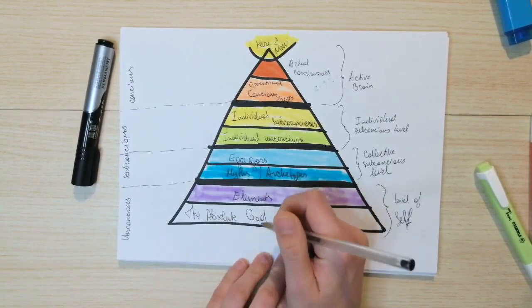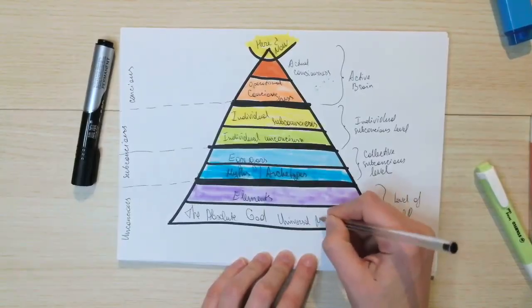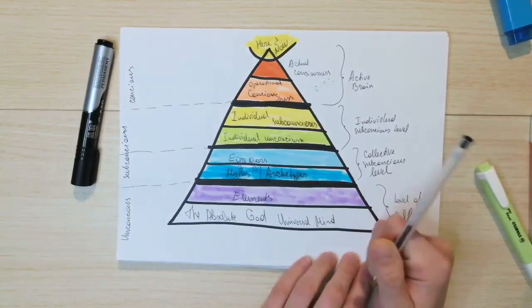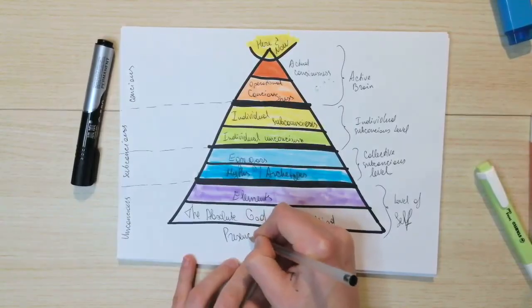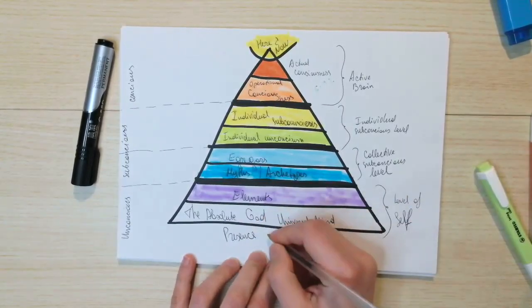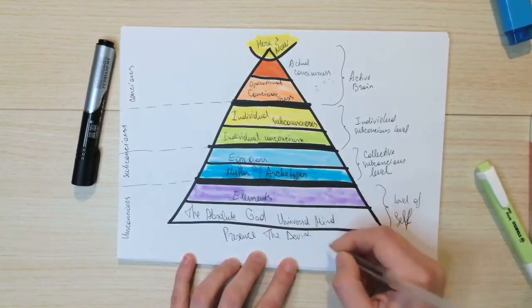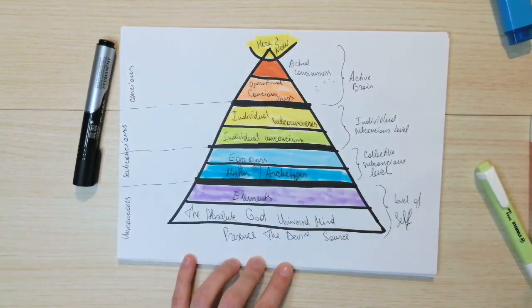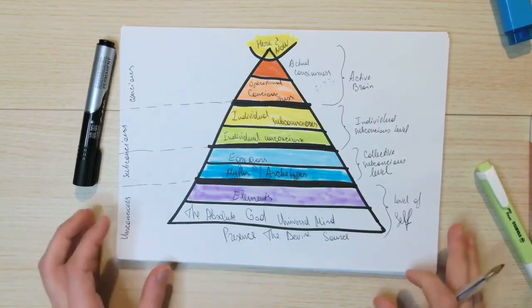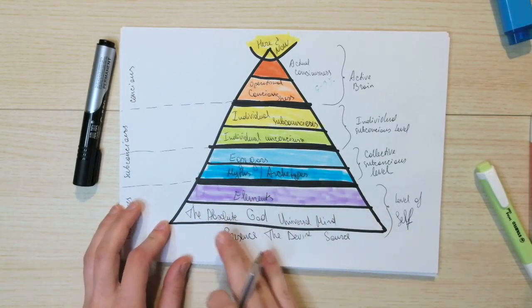This is universal mind, self-mind, presence, the divinity, the divine source. Okay, so this represents unity.